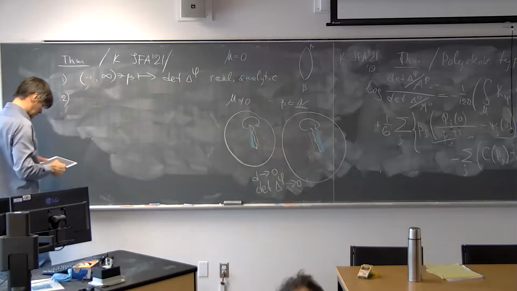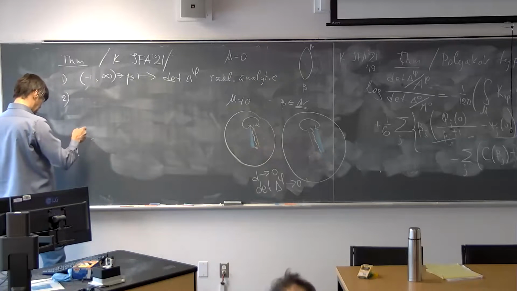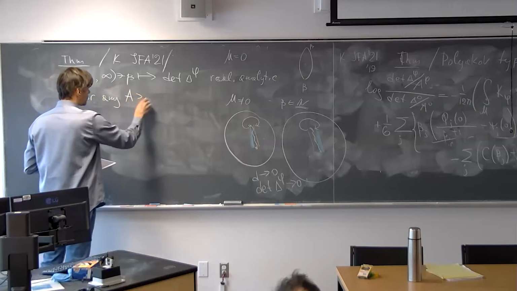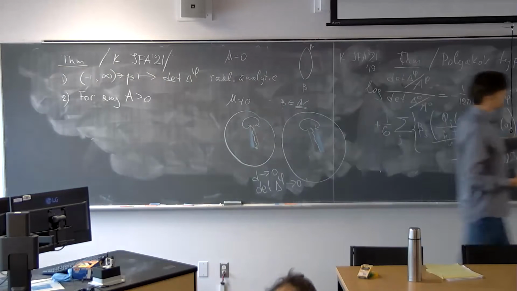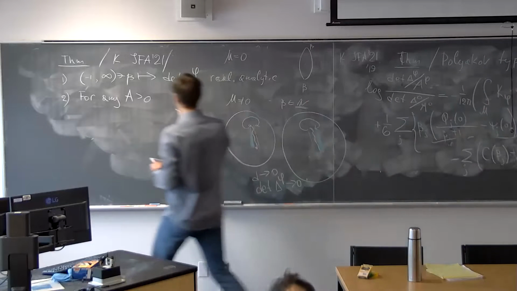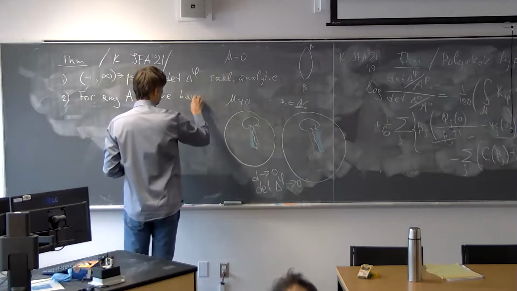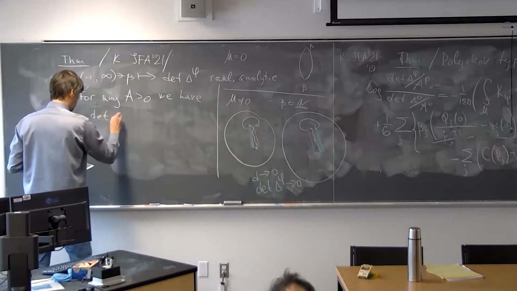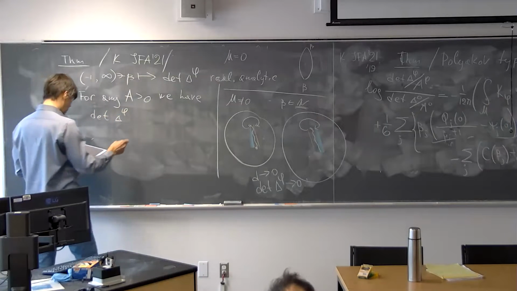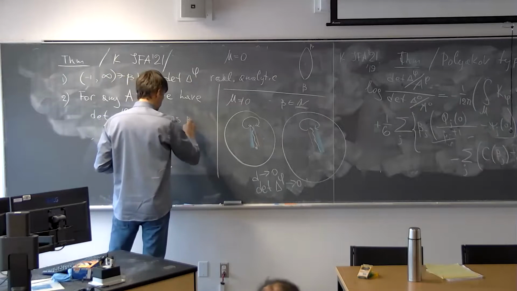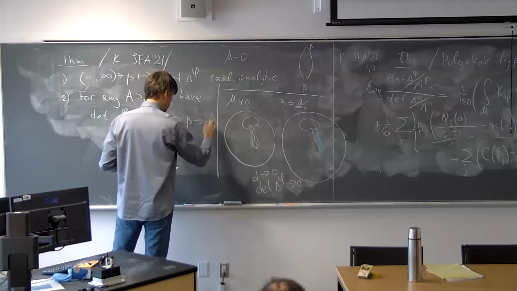Second assertion: for any A greater than 0, where A is the total area of the Riemann sphere, which is fixed, the determinant goes to positive infinity as beta approaches -1 from the right.